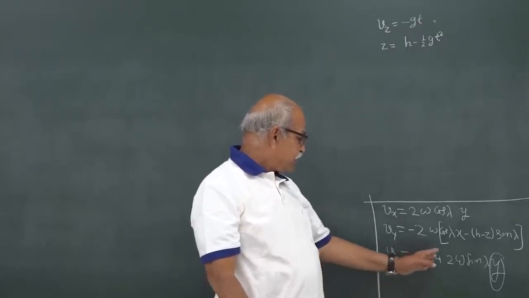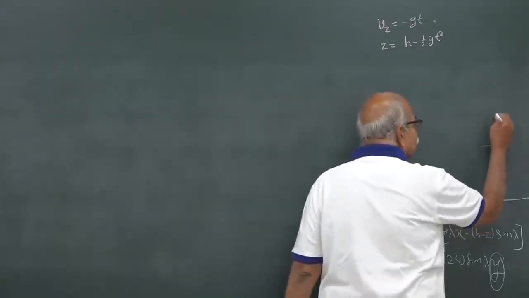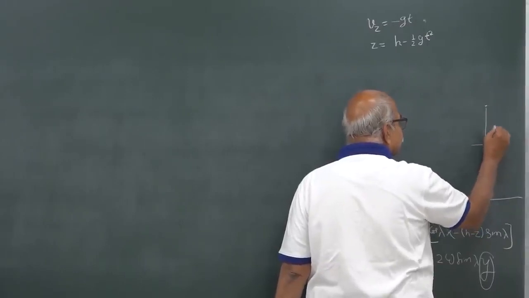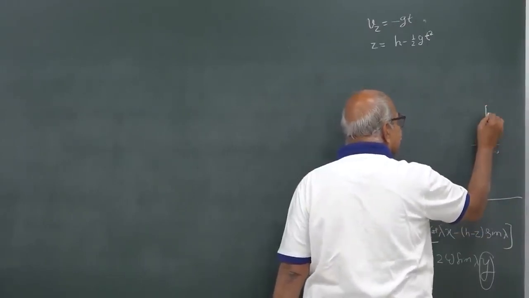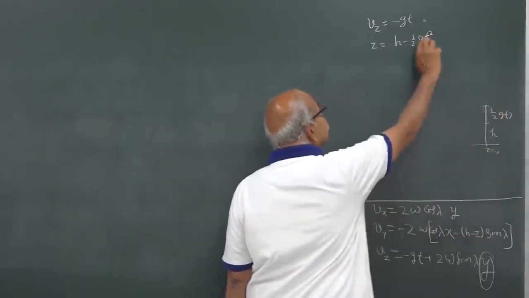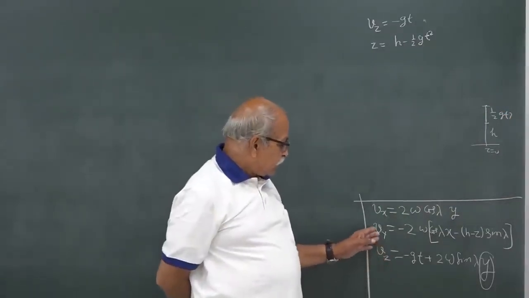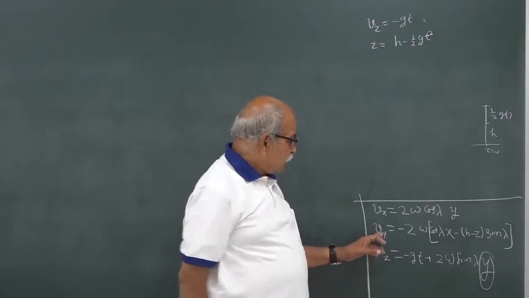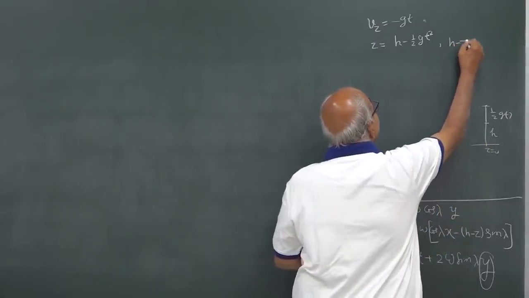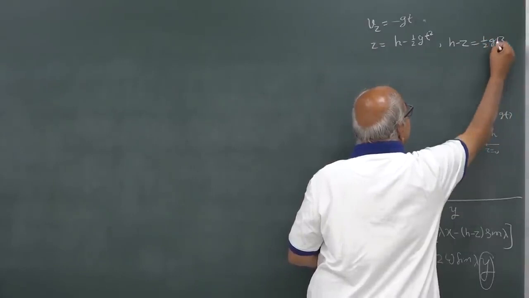If I calculate how much is z, remember we are dropping it from here, where z is equal to 0 and this is z equal to h. So, it moves a distance half Gt square, and therefore z is equal to h minus half Gt square. Now, let us look at this term here. It is h minus z, and h minus z is half Gt square.